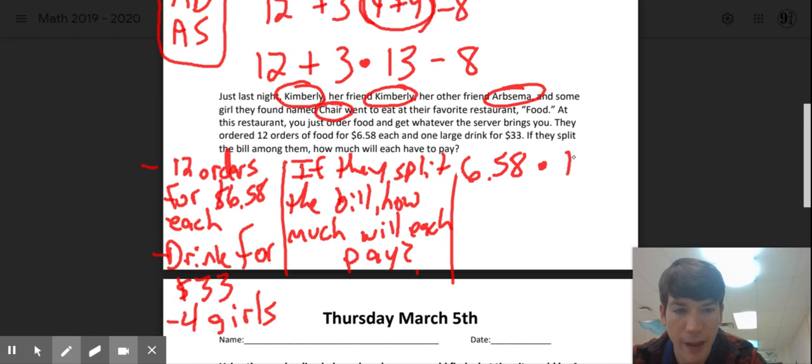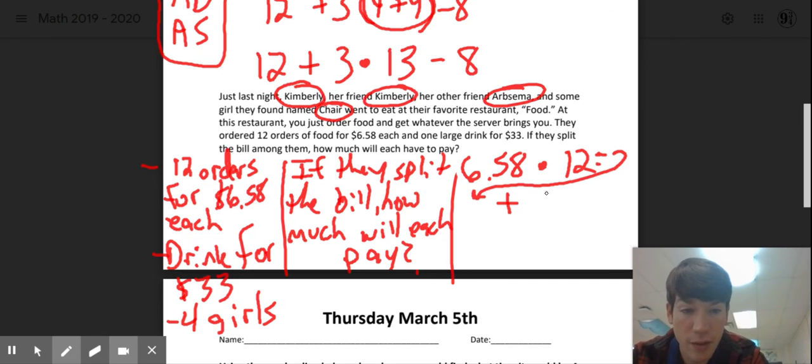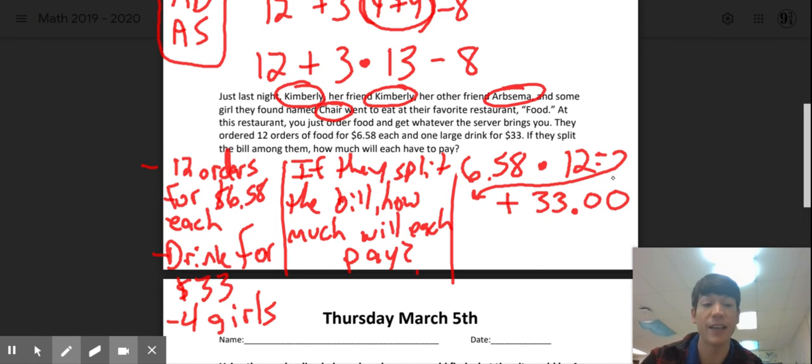And we're going to multiply that by 12 because there's 12 of those. Now, we also know that they had $33 in drinks. So I'm just going to add whatever this answer is with $33. And remember, that's 33 whole dollars. So you can add a decimal and 2 zeros there if you need.